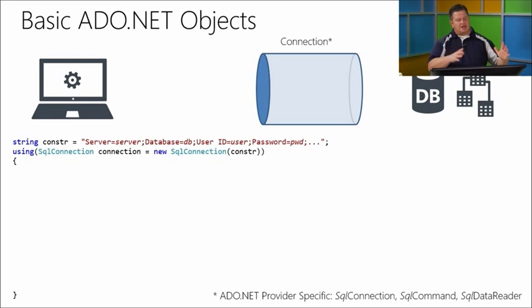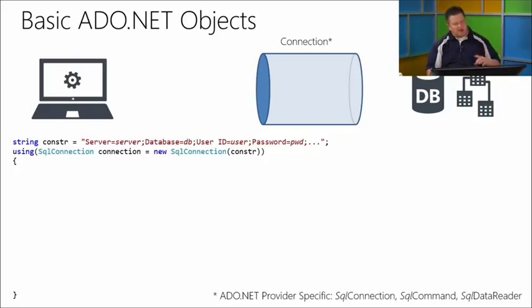So I'm basically saying, hey, go use this connection object for the scope of statements that are within the curly braces, but if for any reason we exit the using block, we naturally branch out of it, or we throw an exception or something like that, then there's effectively a little hidden try-catch-finally block in there, and inside the finally it'll make sure to call the dispose for me, so I don't have to remember to do that myself.